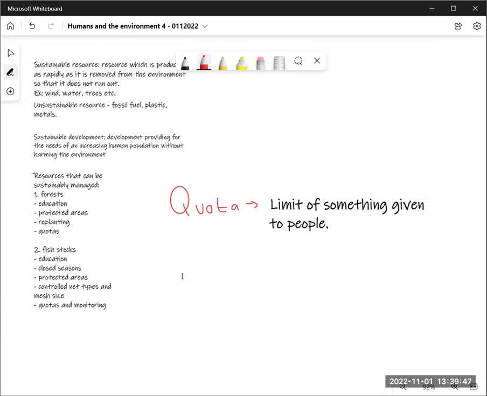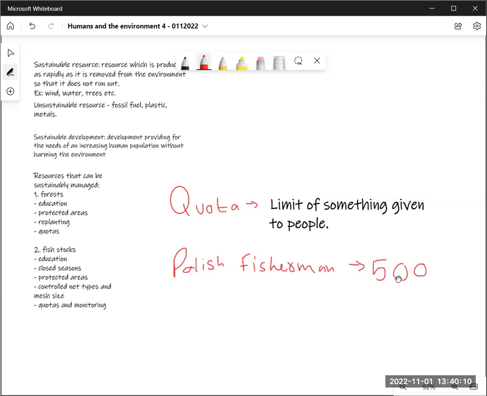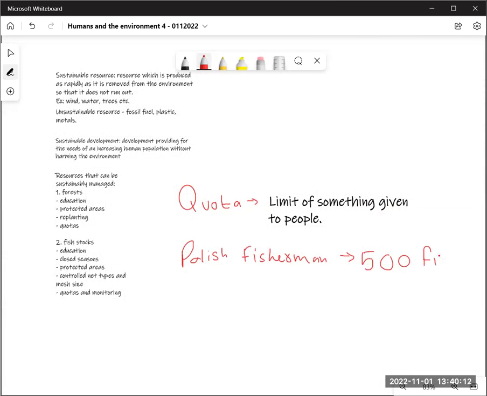So if I take Poland as a country, I'm telling the fishermen of this country, let's just say Polish fishermen, can only fish 500 fishes in 1 month. If they do more than this, then they're going to get fined, right?